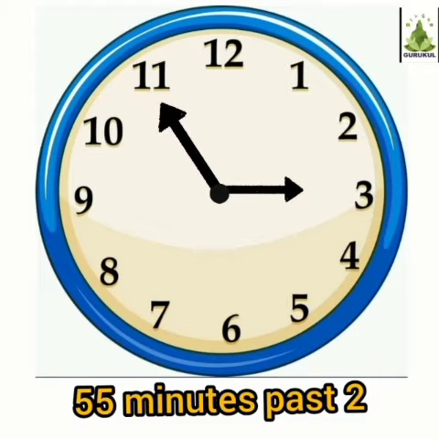Teacher, 55 minutes past 2. Very good. Students, don't get confused. This hour hand looks like it is on 3, but still 5 minutes are left to complete the hour. That's why it is 55 minutes past 2.